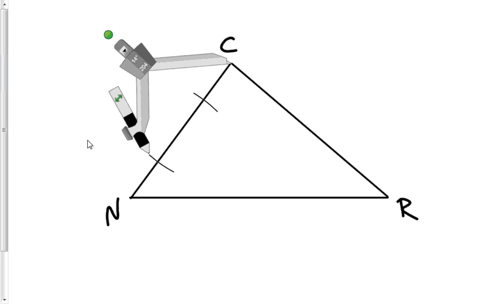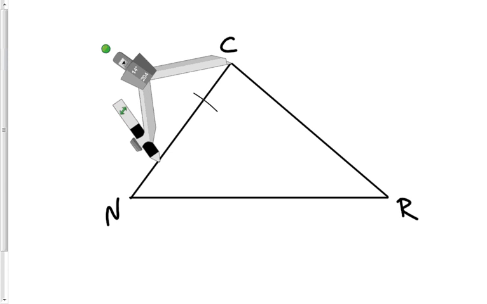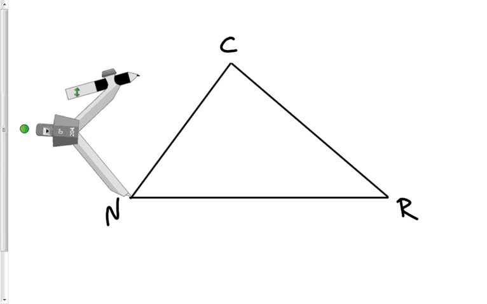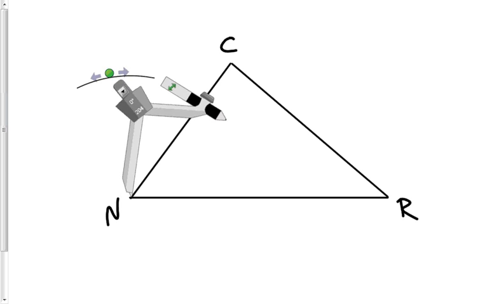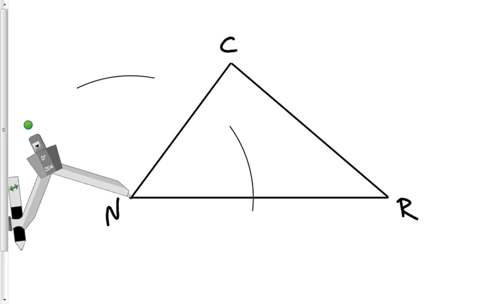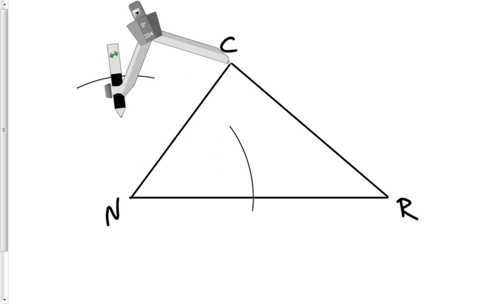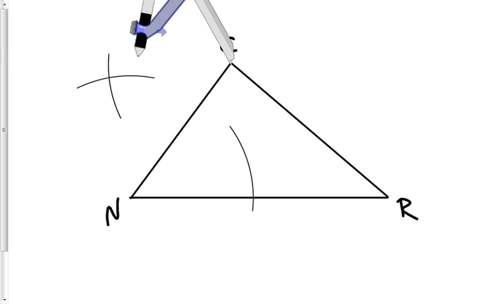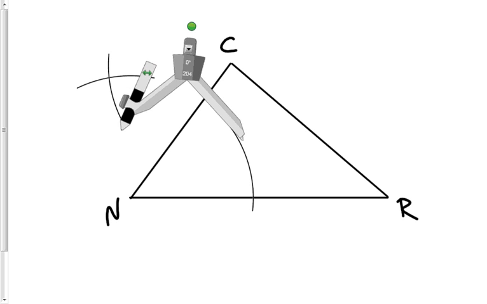And, oh, wait a second. Let me go back here. Take that back. We'll go up here, right? There, and there. And now we'll flip it around and go over here, and there. Uh-oh. Come on down here.